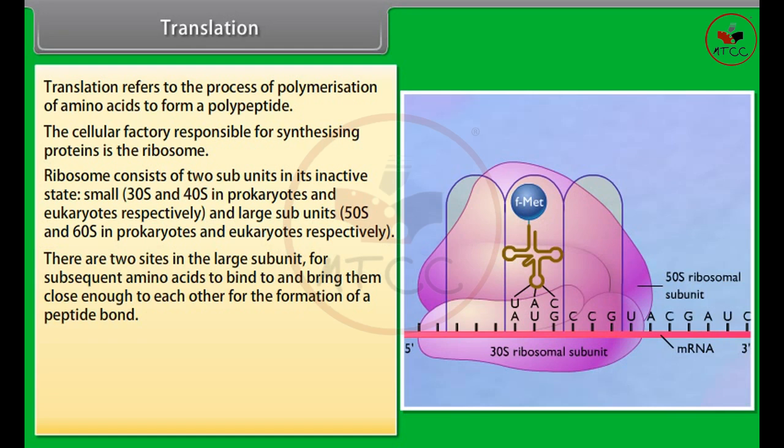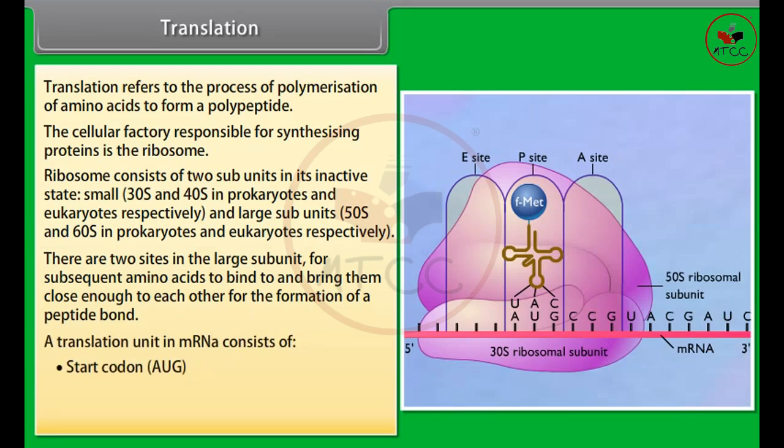There are two sites in the large subunit for subsequent amino acids to bind to and bring them close enough to each other for the formation of peptide bond. A translation unit in mRNA consists of start codon AUG, stop codon, and untranslated UTR regions.